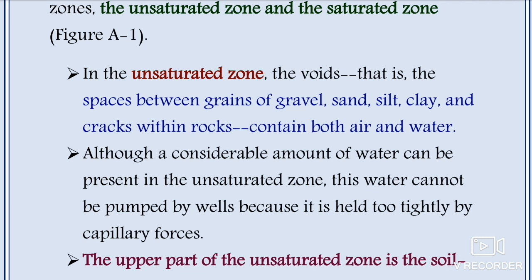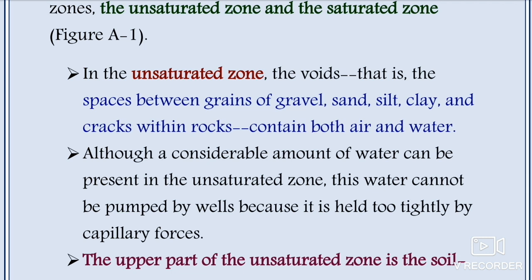In this unsaturated zone the pore spaces of the rocks are partly filled with air and partly filled with water. The rainwater that moves vertically downwards to the water table passes through the zone of aeration. A certain amount of water is always held in the smaller pore spaces due to molecular attraction processes. All the water which exists in the zone of aeration is known as vadose water or vadose zone.